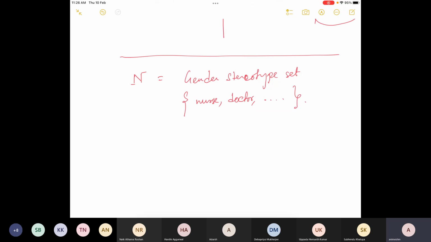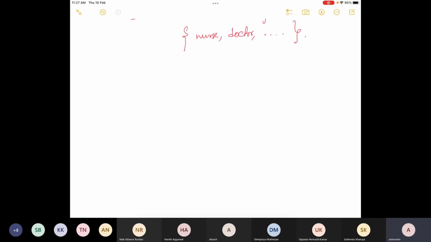Okay, there is no such standard list of gender stereotype occupations. So we need to generate this list. But it seems that it is not so easy to generate this list. However, what is more easy is to build the list of S, which is the gender specific words.